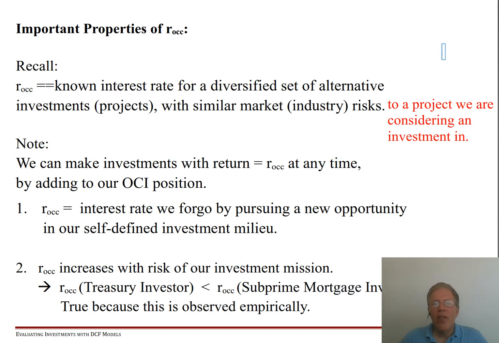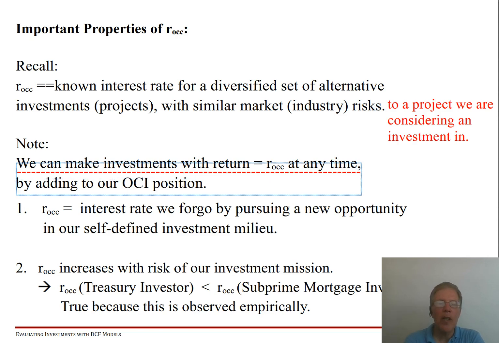So because the opportunity cost of capital is known, for our very risk-averse investor, it comes directly from the Mint ETF. It's the truth, the whole truth, and nothing but the truth that we can make investments with a return of our opportunity cost of capital at any time. How?